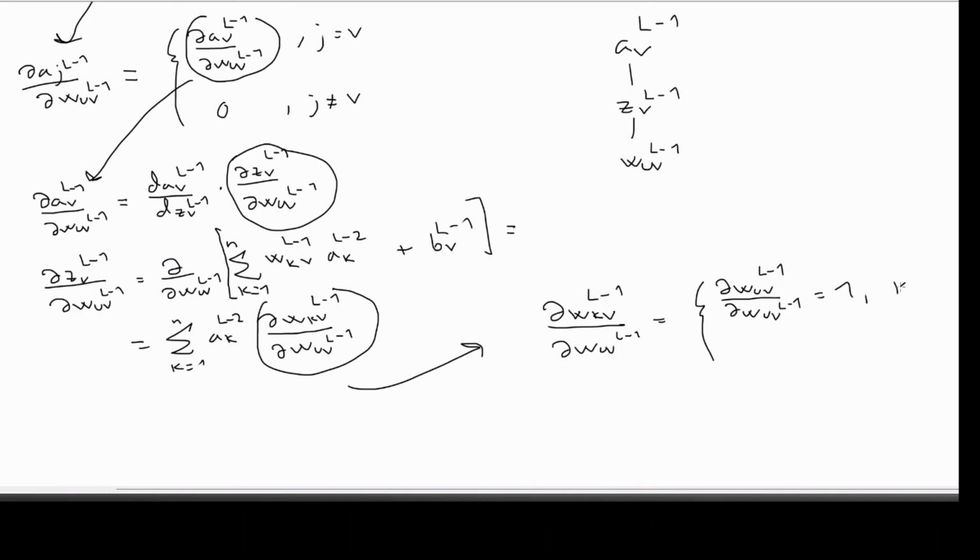And when k is not equal to u, we get the partial derivative of some other weight going from layer L-2 to layer L-1 with respect to our weight going from neuron u in L-2 to neuron v in L-1, which is just 0. So this is when k is not equal to u.